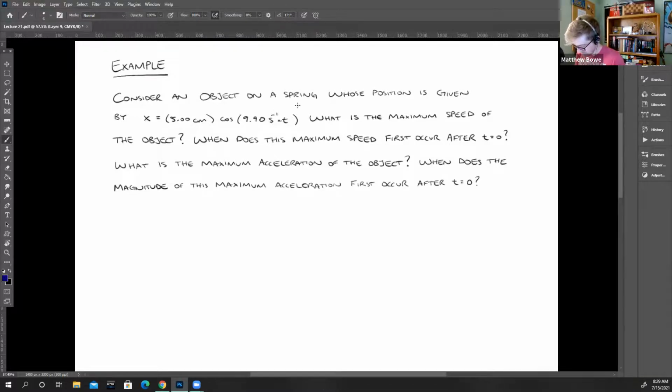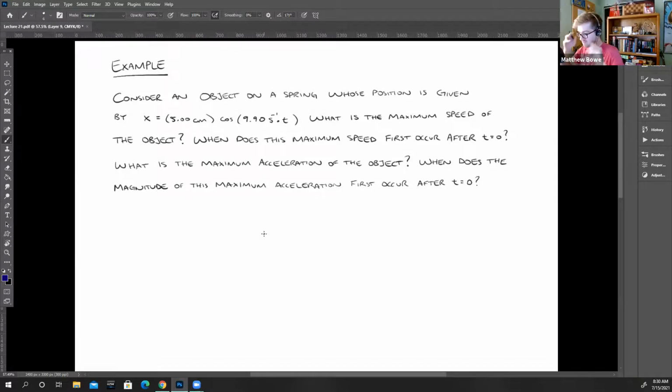Just imagine there's a multiplication sign in there. We have this function that expresses the position of this simple harmonic oscillator.